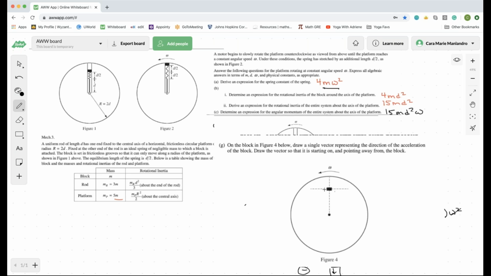Acceleration is going to be opposite motion, and we're going towards the center of the circle. So we would get something like this, if it's moving like that. You could have drawn that at any sort of angle that's reasonable. Remember that the centripetal acceleration is always towards the inside, to keep the block moving in a circle.